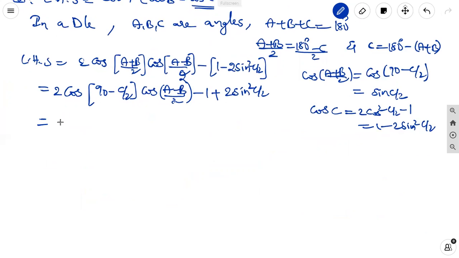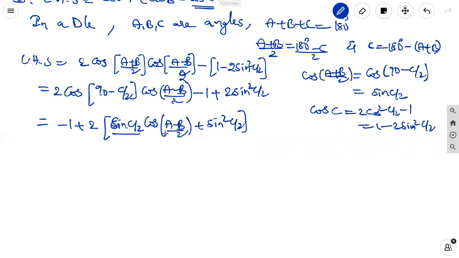It is equal to minus 1 plus 2 times cos of (90 minus C by 2), which is sin C by 2, cos of (A minus B) by 2, plus sin square C by 2. Taking sin C by 2 common: minus 1 plus 2 sin C by 2 times cos of (A minus B) by 2 plus sin C by 2.